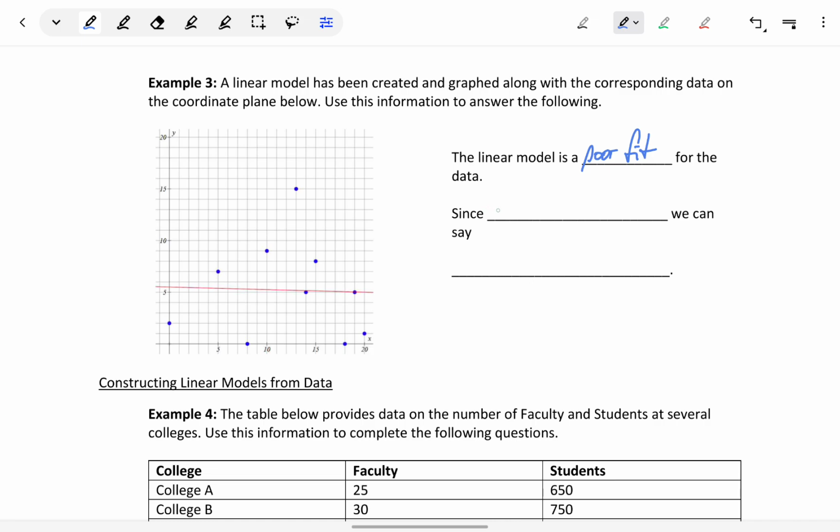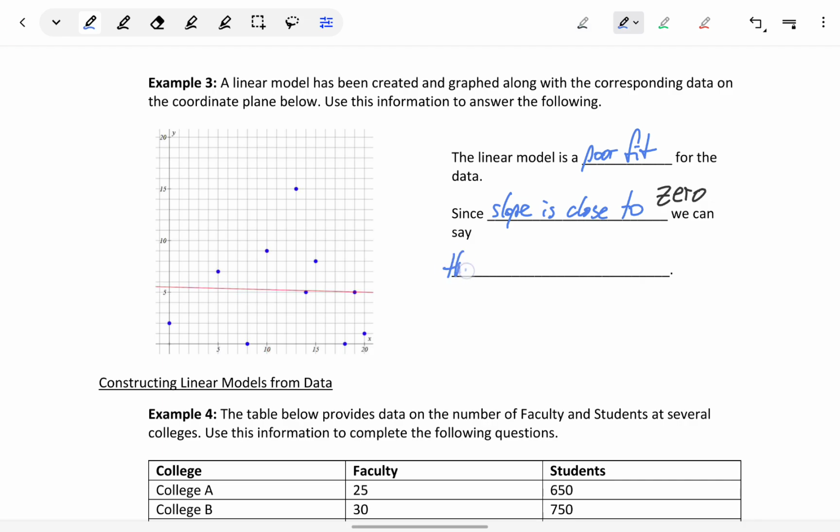So in this case, we would say that since the slope is close to 0, because horizontal lines have a slope of 0, and that line that we have is not exactly horizontal, but pretty close. The slope is close to 0.